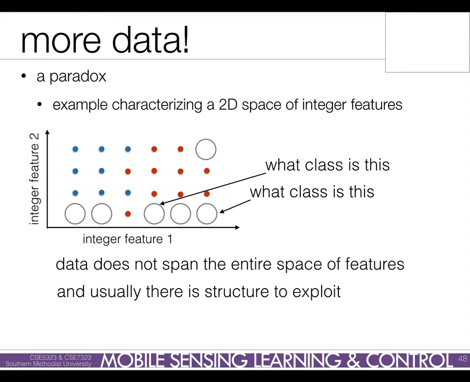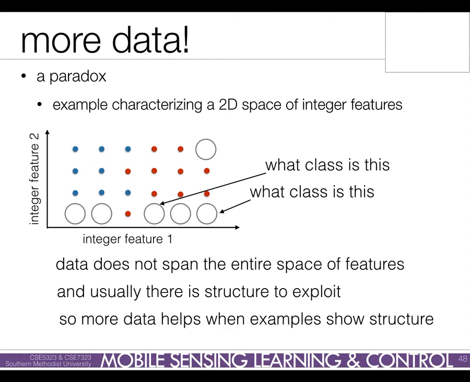What about this one? Would it be red? Probably red, but we're a little bit more unsure, right? We're less sure about that one than we are about the one on the right. Is that okay? So if we want to be more sure about that one right there, what do you do? You collect more data.